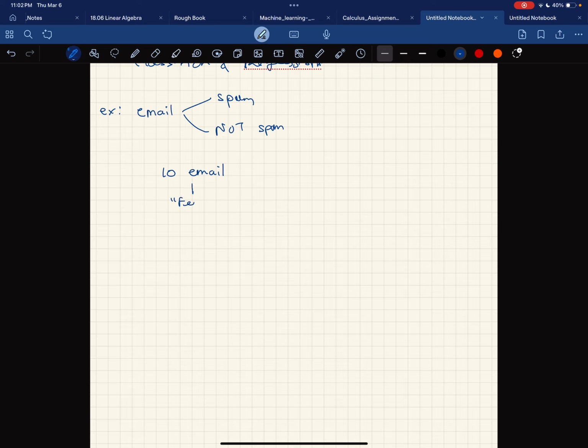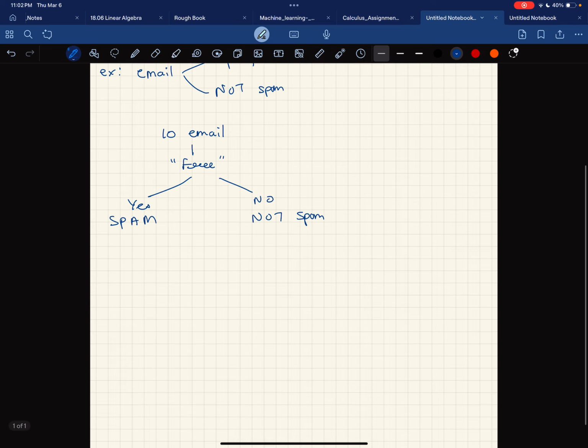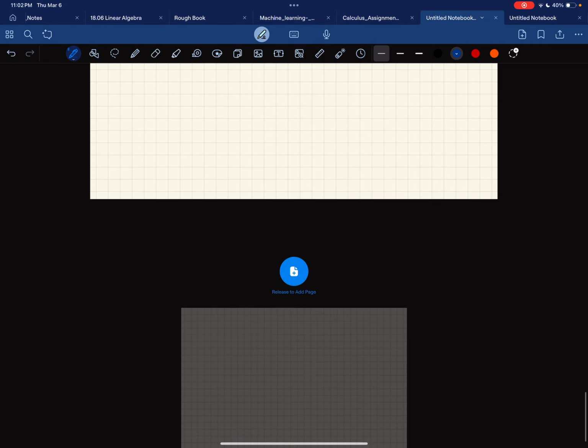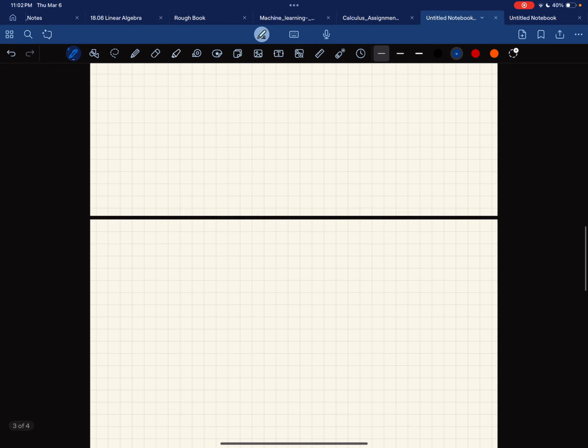For example, if the word free exists, then the algorithm would be classifying it as spam. If no, then not spam. It is a general and very basic example of the algorithm.